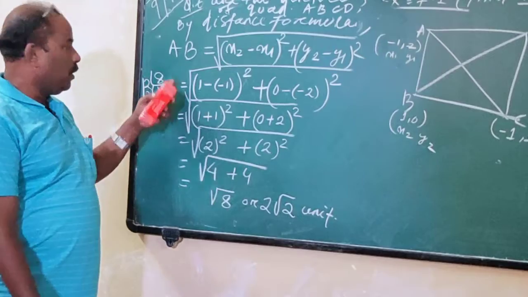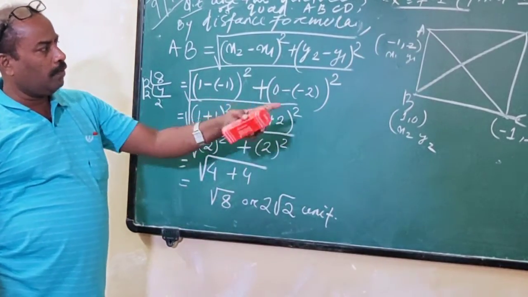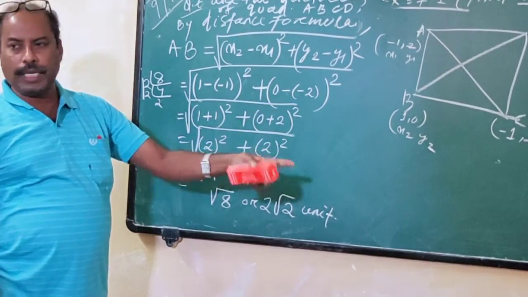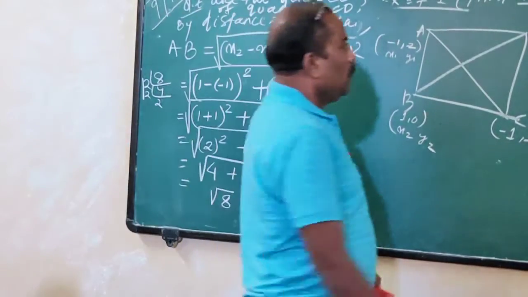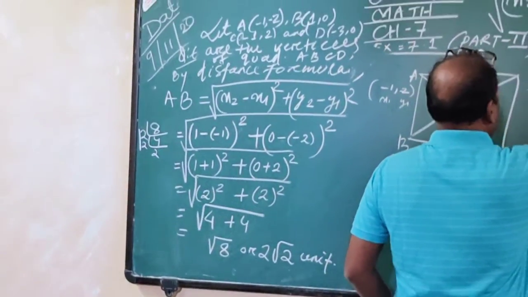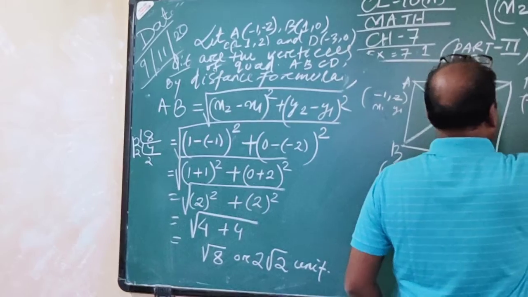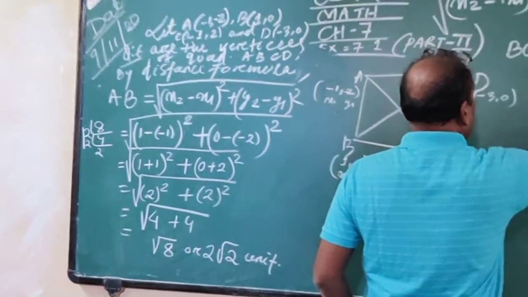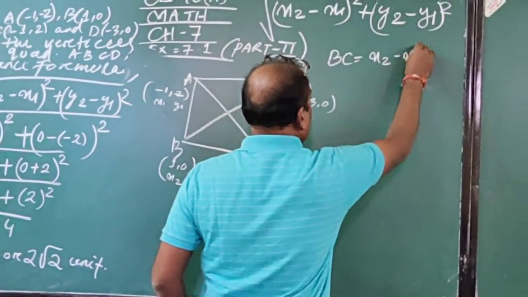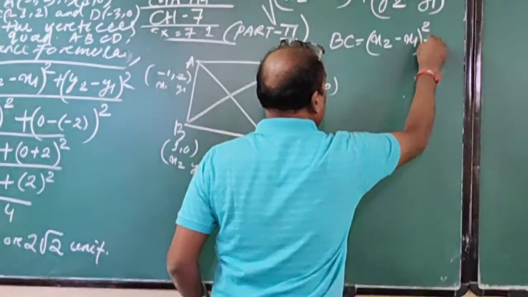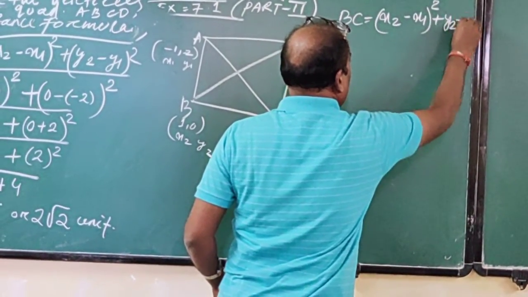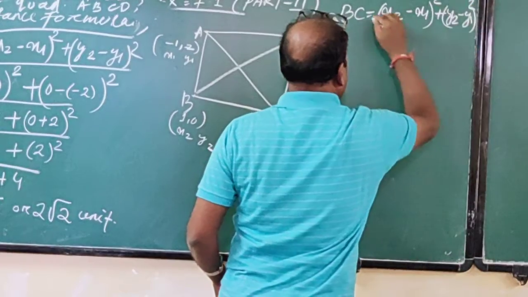Distance AB we are getting. Similarly, we have to find all the other sides, like BC. So BC, same formula: square root of (x2 − x1) whole square plus (y2 − y1) whole square.